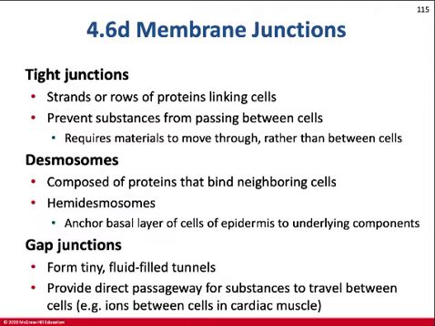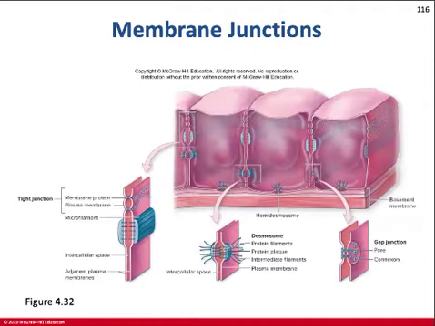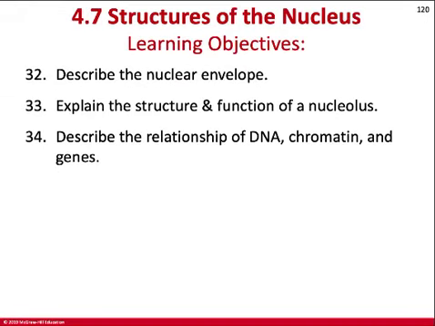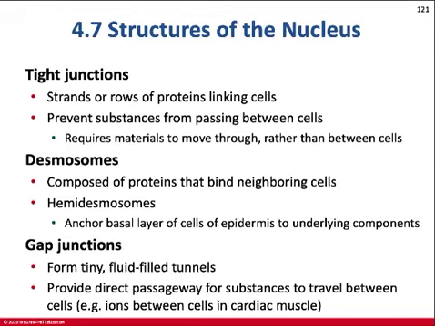Hemidesmosomes are half desmosomes, and their job is to attach the basal part of the cell to extracellular matrix or basal lamina, and can also have a signaling component to them. And then gap junctions are just communication networks between cells that let small particles move quickly from one cell to the next.